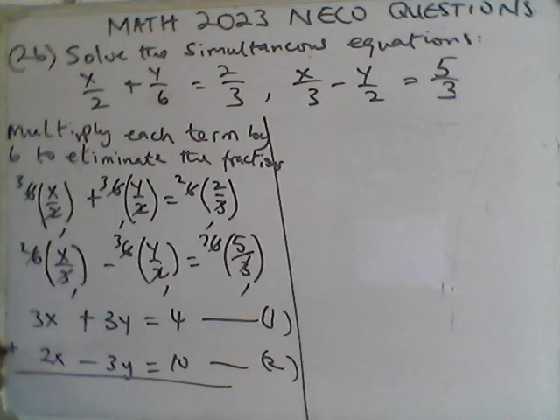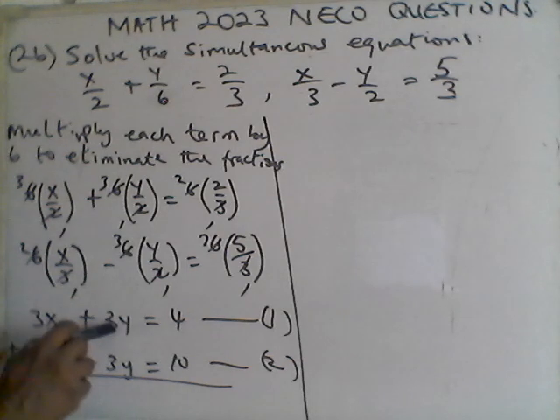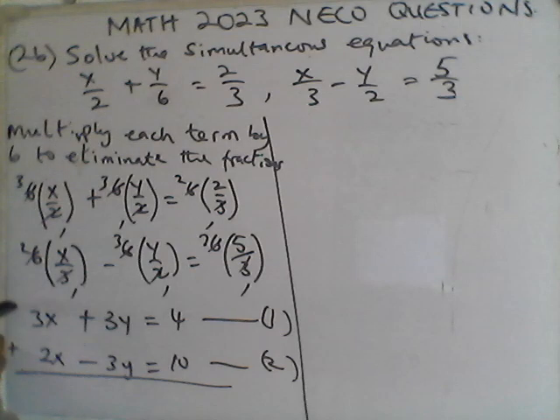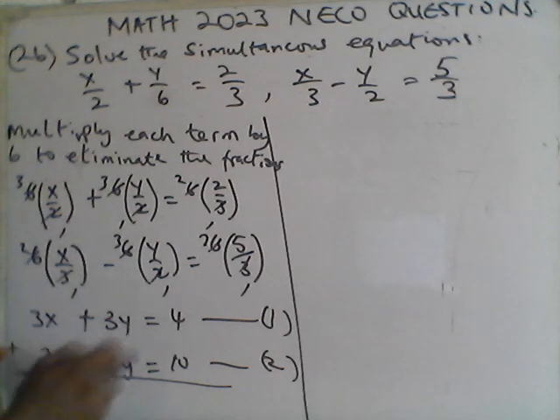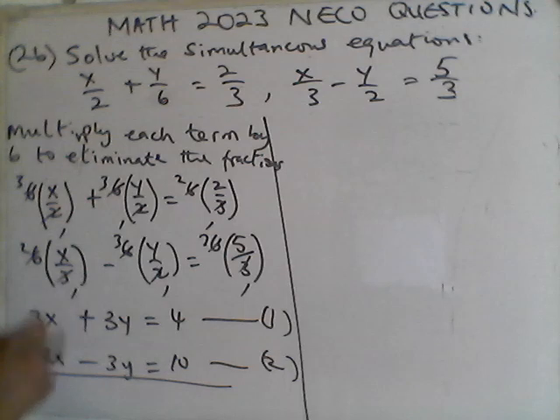But at this point, I can see too that the signs in front of them, for this one I have plus, for this one I have minus. So if I use plus, invariably it is 3 minus 3. So the plus operation applied to these two equations will eliminate this particular term.